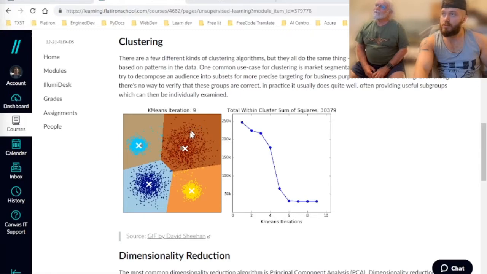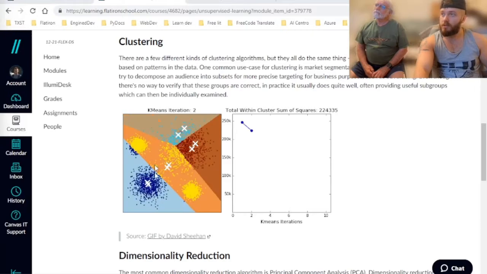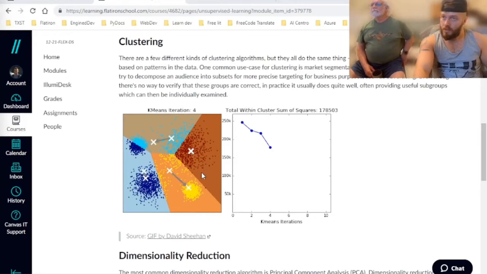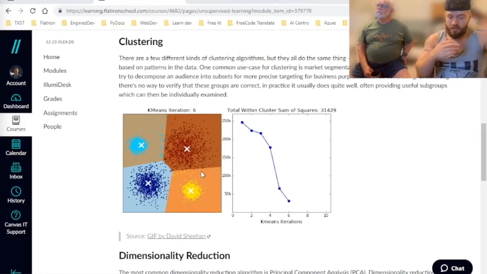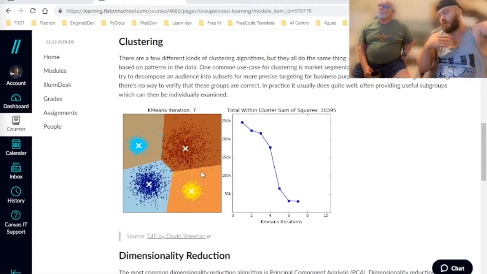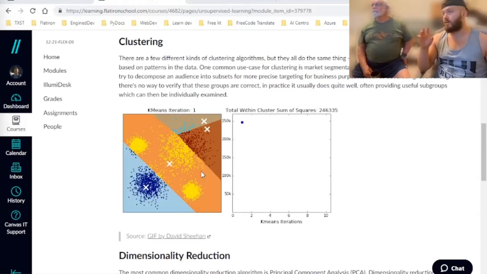If I drew a line from each point to that regression line, I would take the distance of all those lines, that's called your residuals, and I would square them and sum them all up.